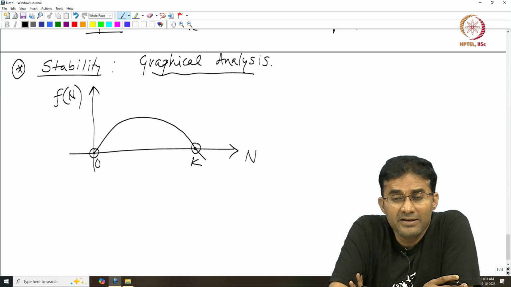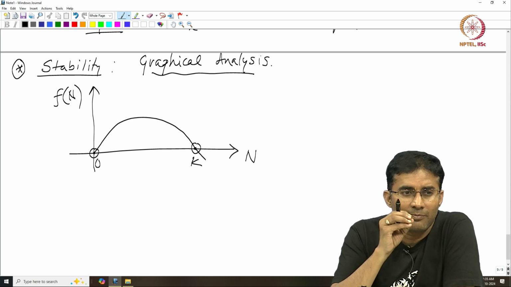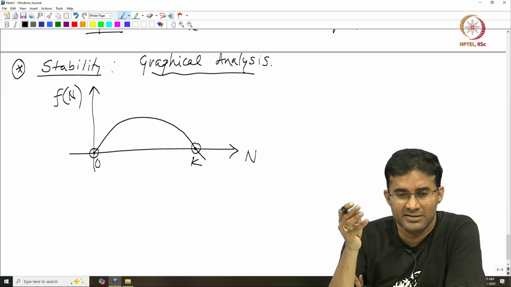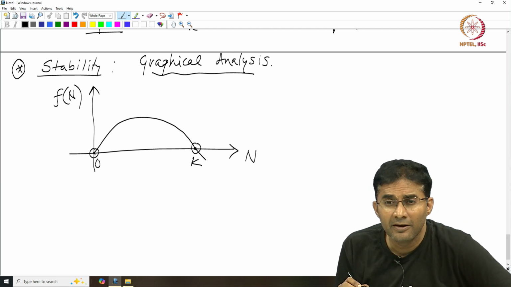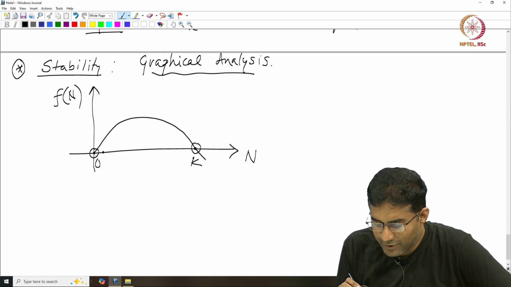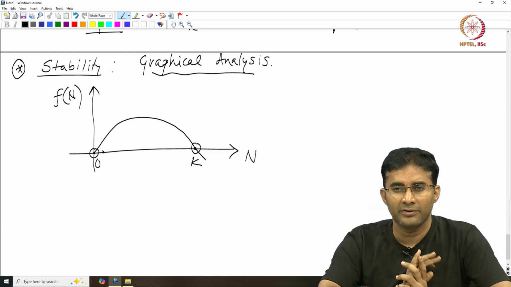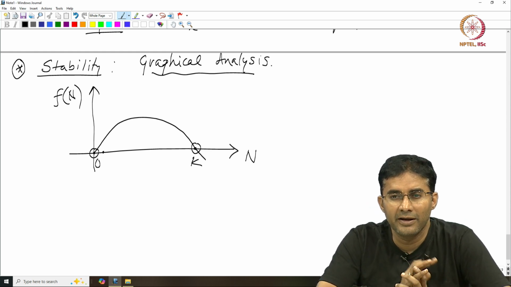Now, here is the interesting part. Remember what stability is. Stability is basically trying to tell us, if you make a perturbation, will the population stay there or does it move away? So, let us ask this question. Let us say there was an island with 0 population, and then I introduced a few individuals in this area.